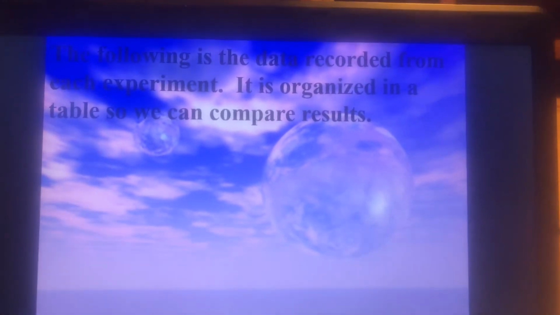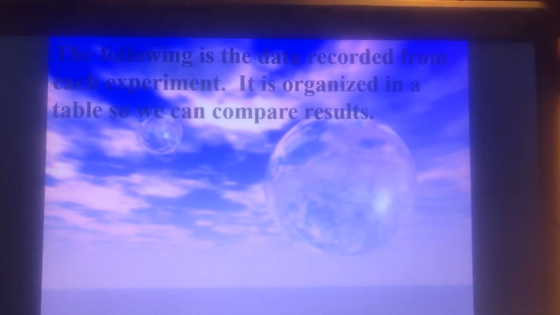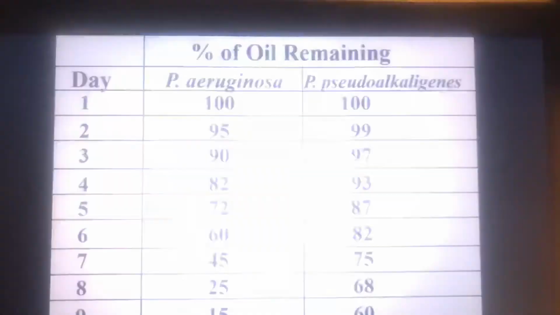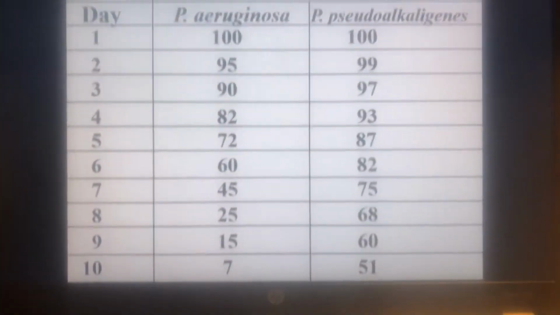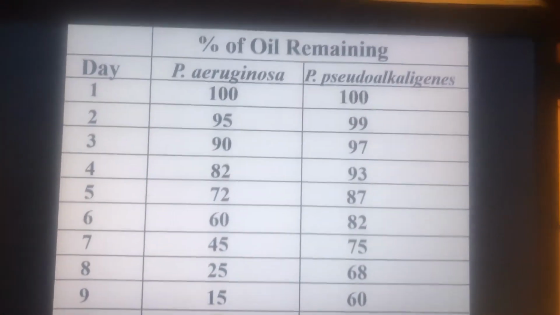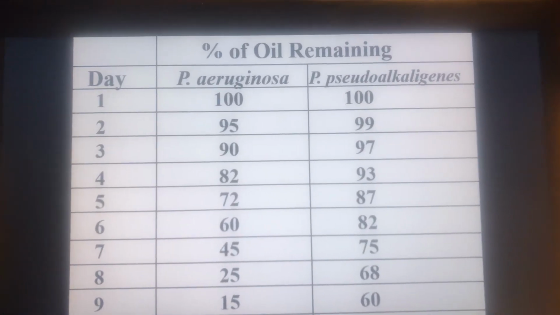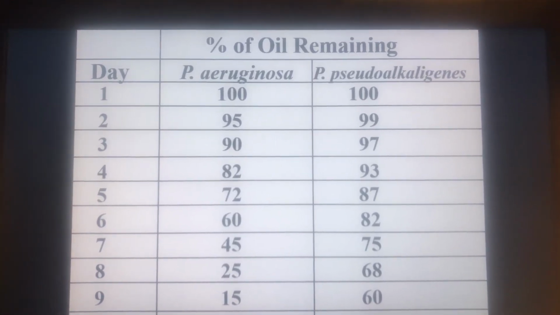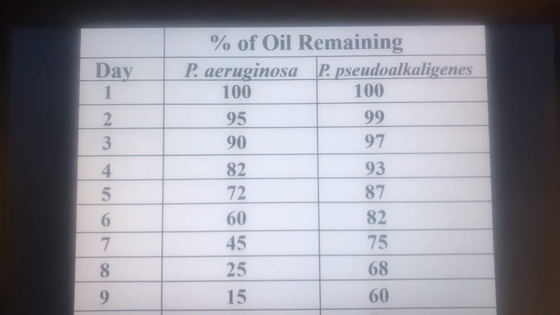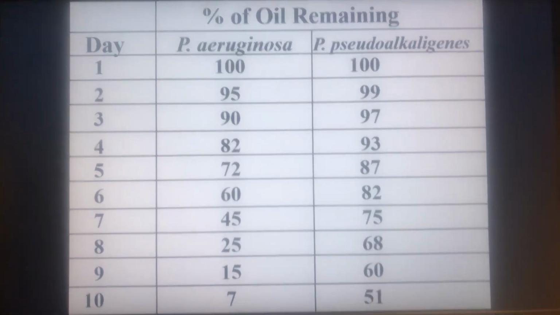The following is the data recorded from each experiment. It is organized in a table so we can compare results. So here it is. We go from day 1 down to day 10. Here's the PA bacteria, and then the PPSE bacteria. They both start with 100% of the soaked oil, but look at that.